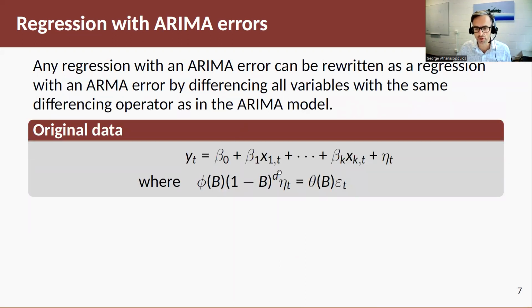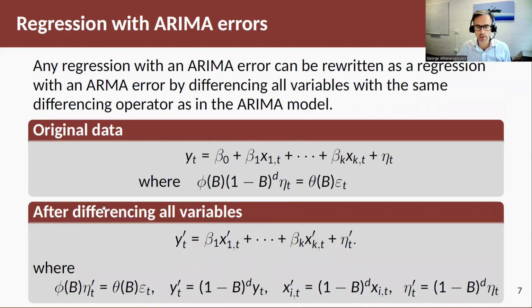So if in the original setting we had this model in mind, after differencing all variables, we get this model. A lot of books will send you a warning in terms of estimating these, but you can estimate this model here, and these coefficients translate into the coefficients that you were originally interested in.